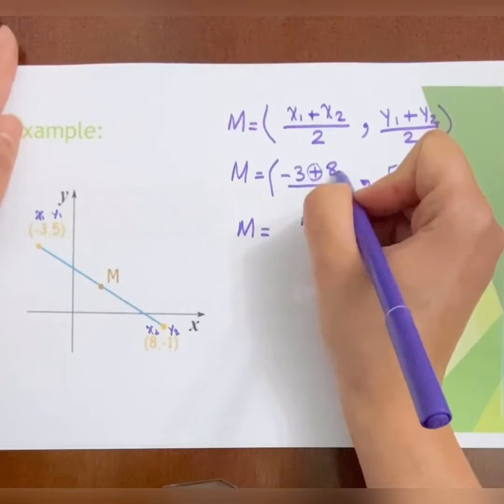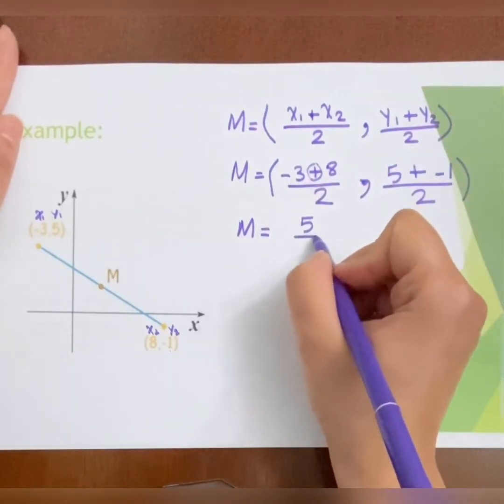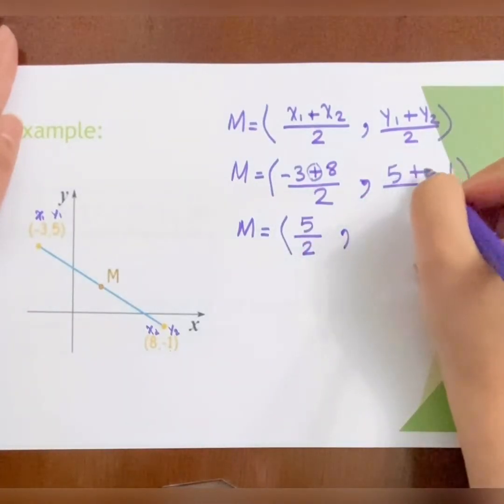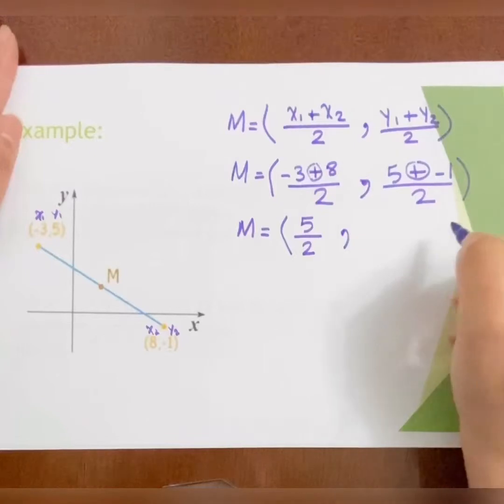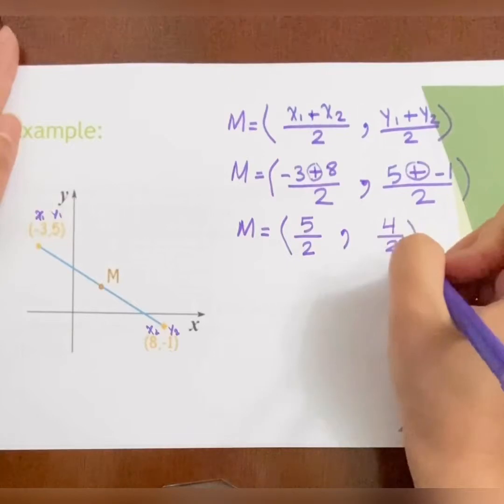Which one is greater, 8 or 3? 8 is greater, so it's going to be positive. 5 over 2. 5 added with negative 1. Do they have the same sign or different signs? Different signs. So we subtract. It's going to be 4 over 2.